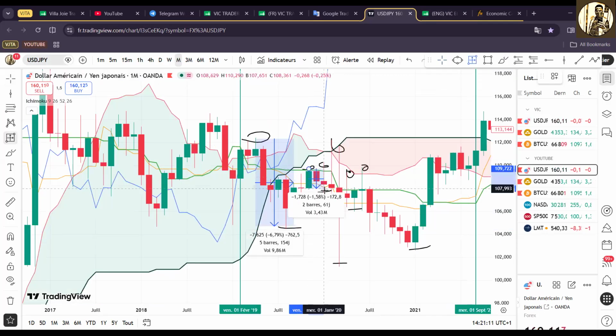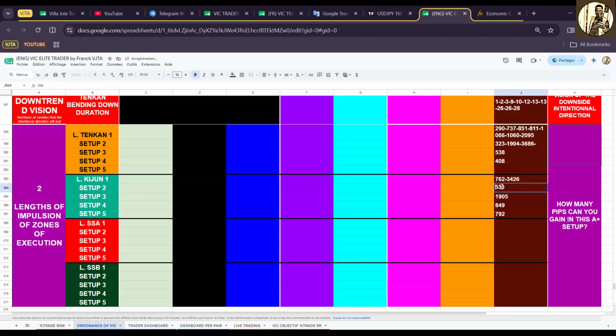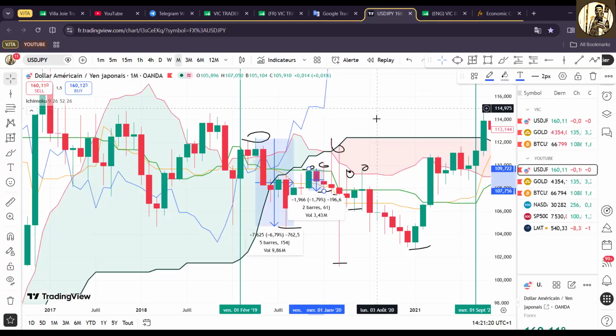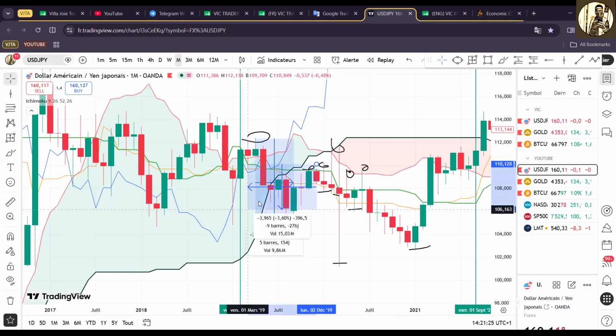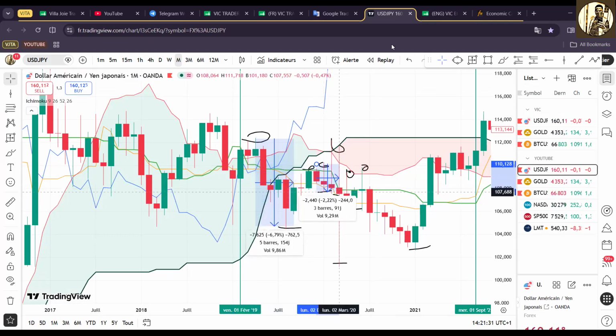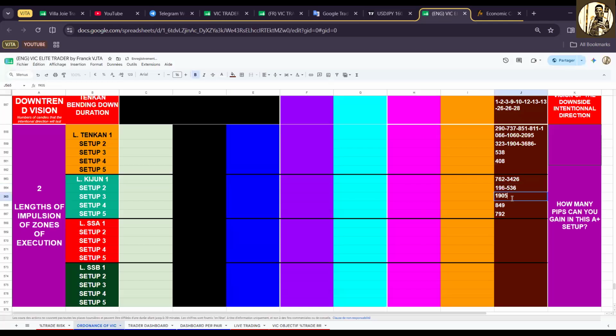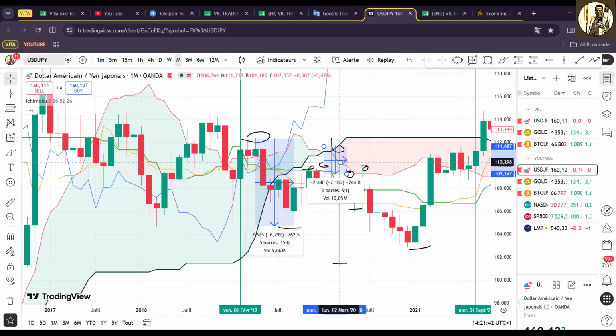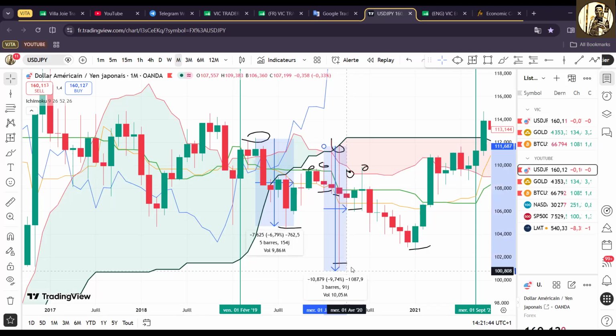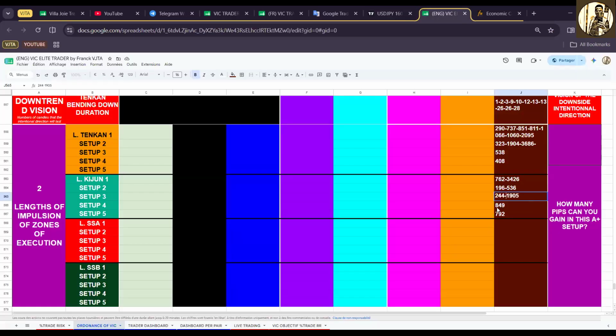Second one is 196. This one is 244. And then this touch is instead 1,054.